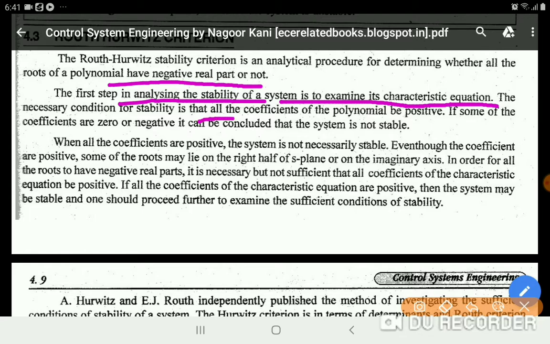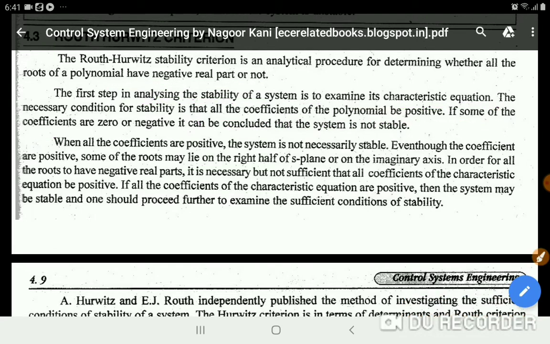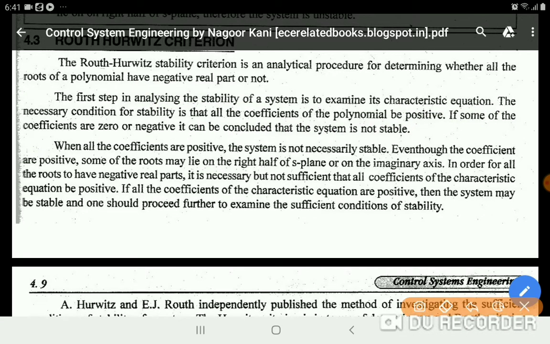It's that all the coefficients of this polynomial should be positive. If some of the coefficients are 0 or negative, then we can conclude that it is not stable. Then when all the coefficients are positive, the system is not necessarily stable.